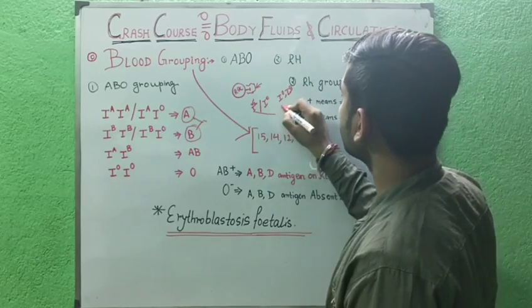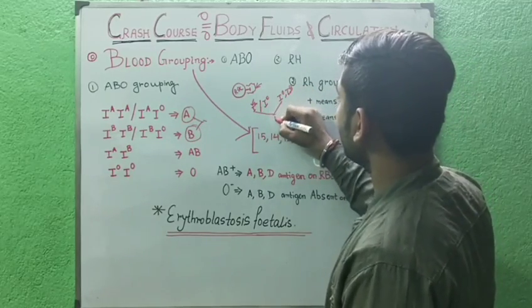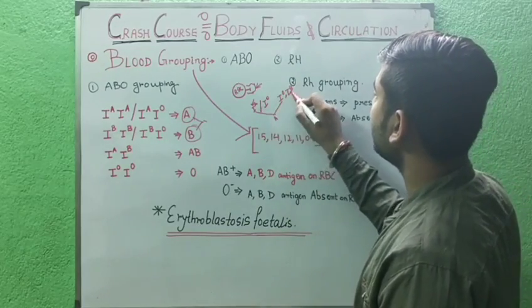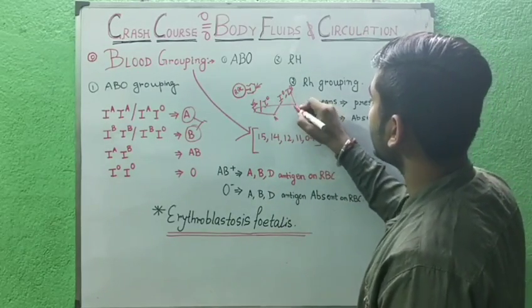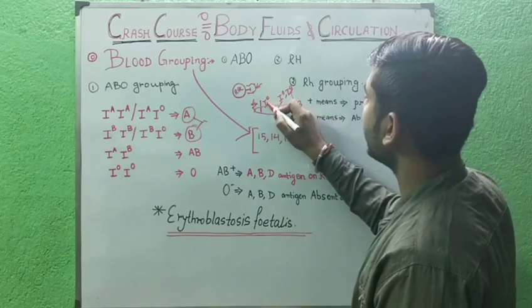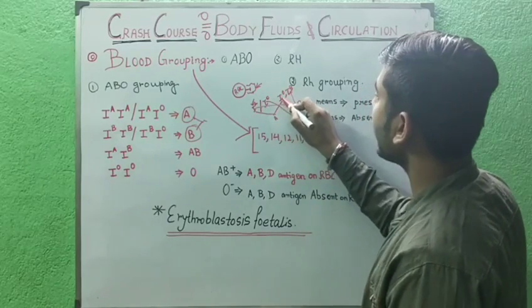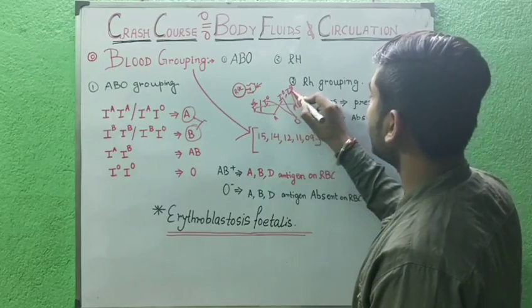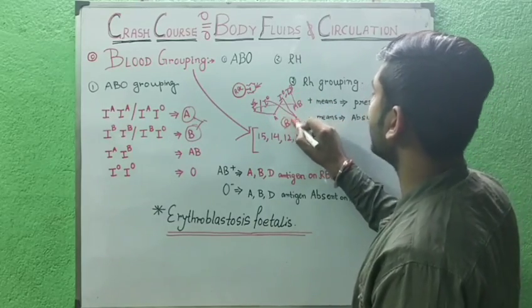Now if it is crossed, IO here we will get A blood group, while IB we will get AB blood group, and here IO and IO will give us O blood group, while IO and IB will give us B blood group.